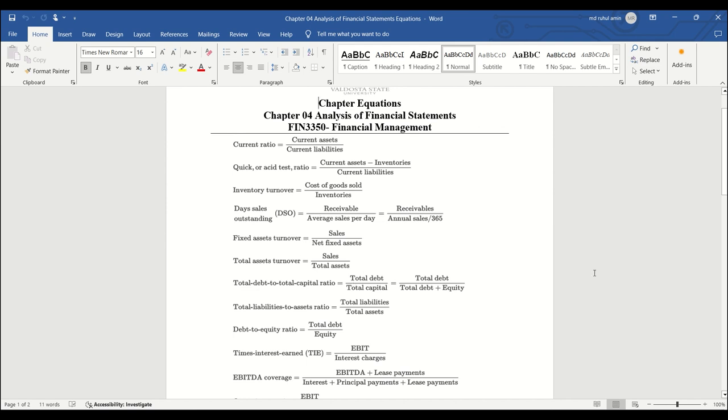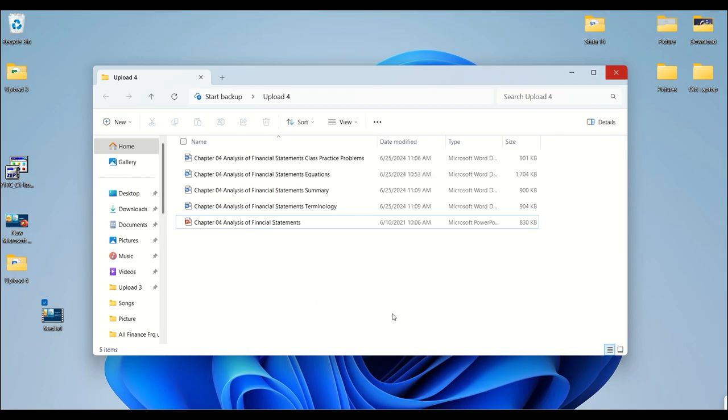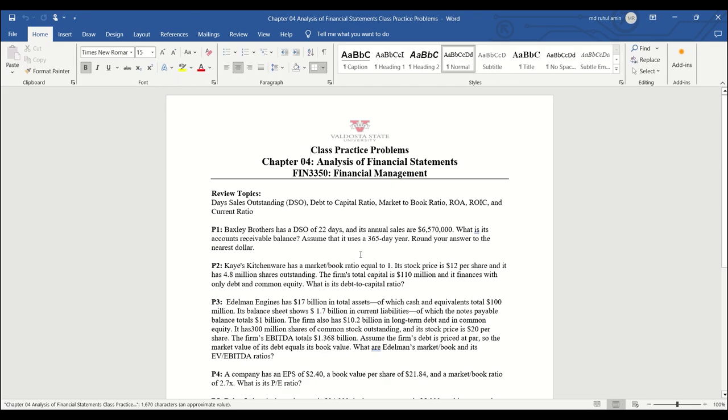So let's see our practice problems for this chapter. The class practice problems involve reviewing these ratios: days sales outstanding, debt to capital ratio, market to book ratio, ROA, ROIC, and current ratio.